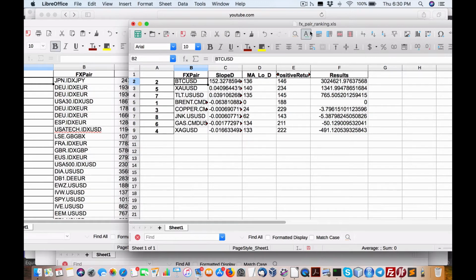So number one, under the, call it quote unquote commodity, we have Bitcoin versus US dollar. This one, XAU USD, is gold, and then TLT US dollar is Treasury. Here, Brent crude, number four.